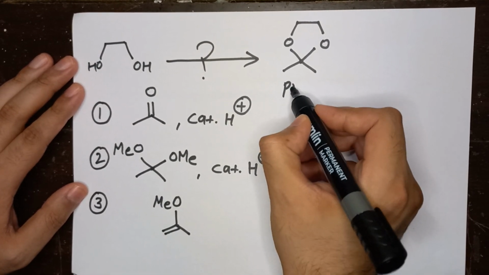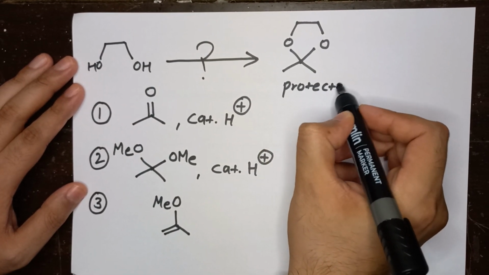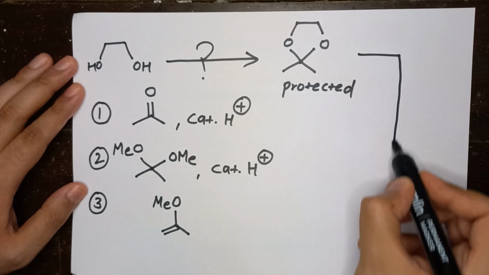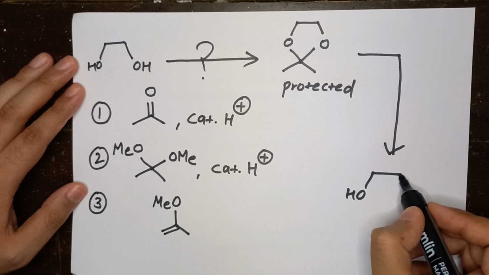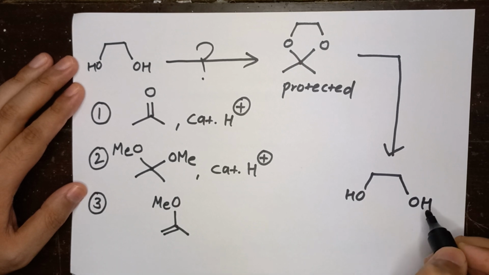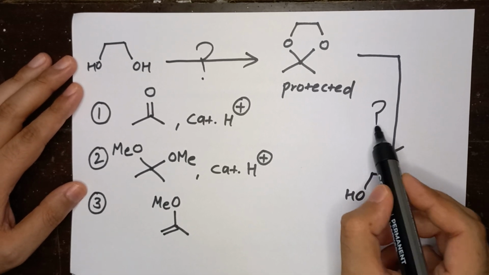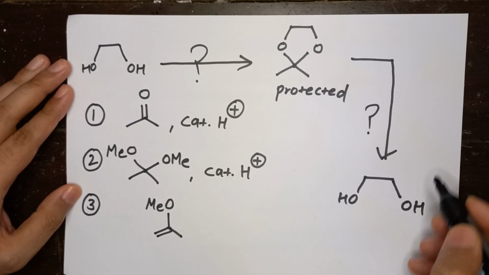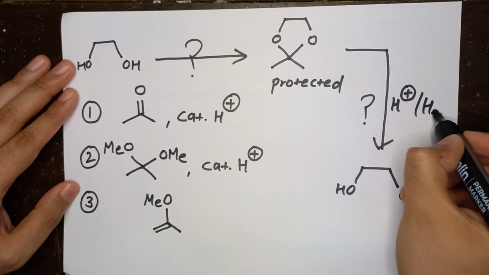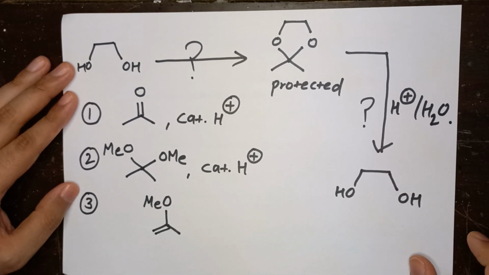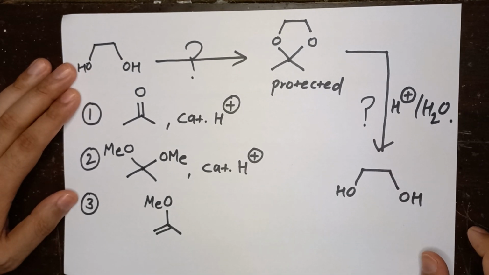Now this is a protected version. Suppose I want to deprotect it and get back my vicinal diol. So what is the method available? You have to use a strong acidic medium in the presence of water. So this is about deprotection.